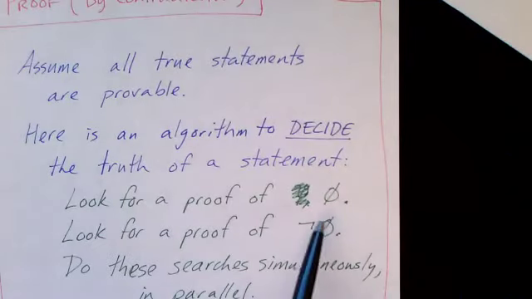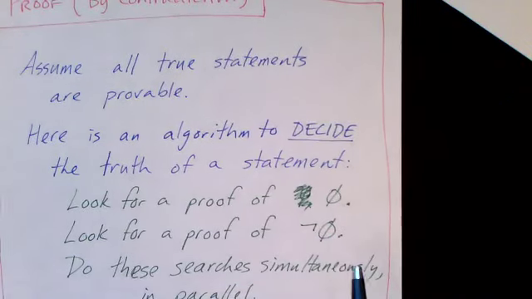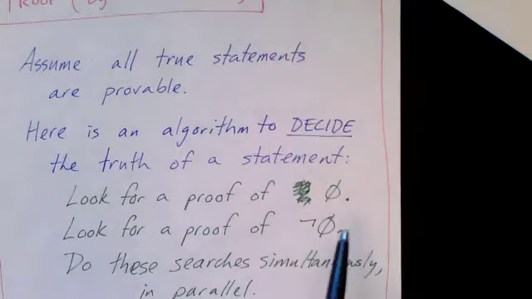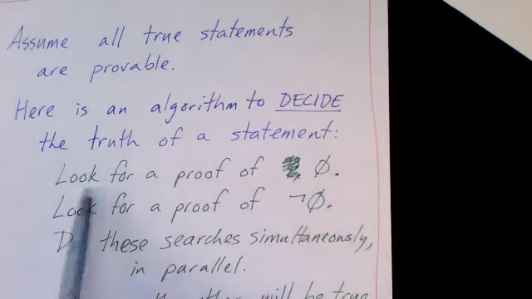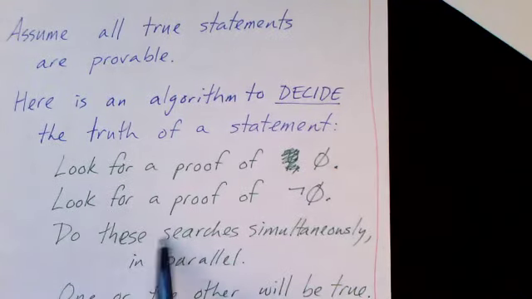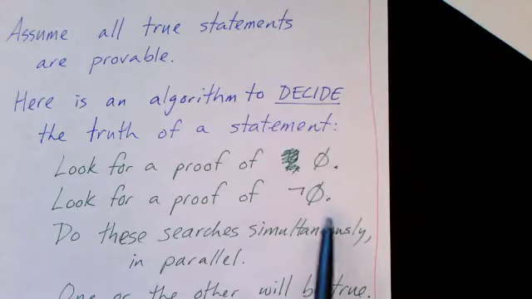What we do is we take a look for a proof of the statement, and we look for a proof of its negation. I think I called it psi on the previous page, but here we're back to phi. But in any case, we look for a proof of the statement, and simultaneously we search for a proof of its negation.